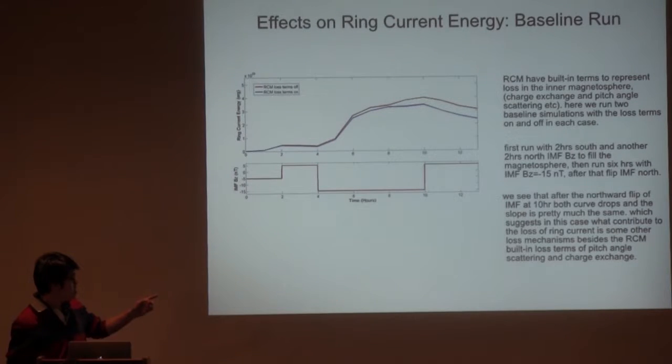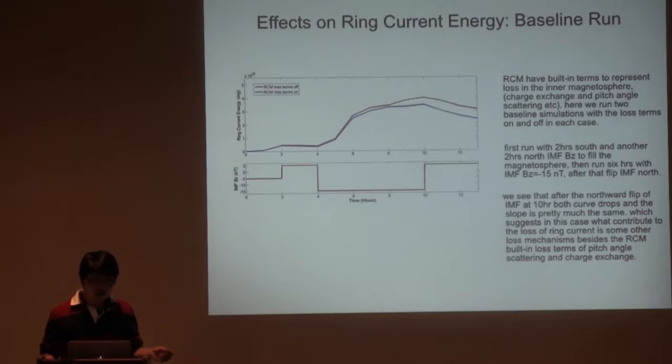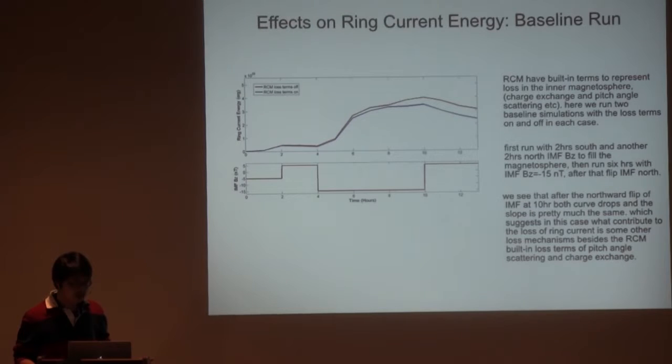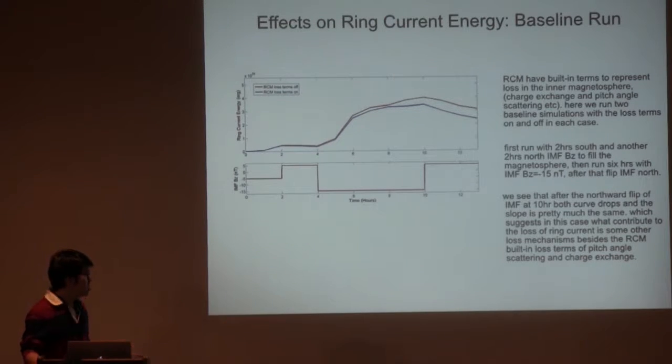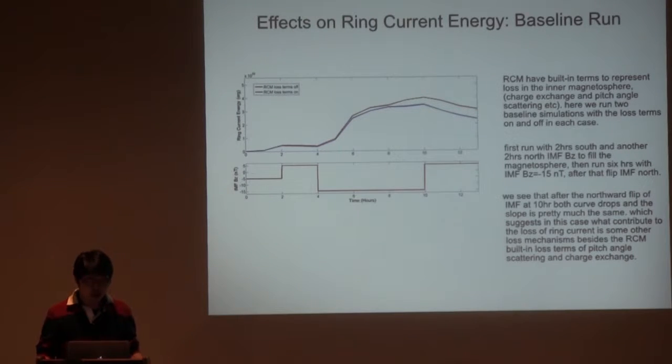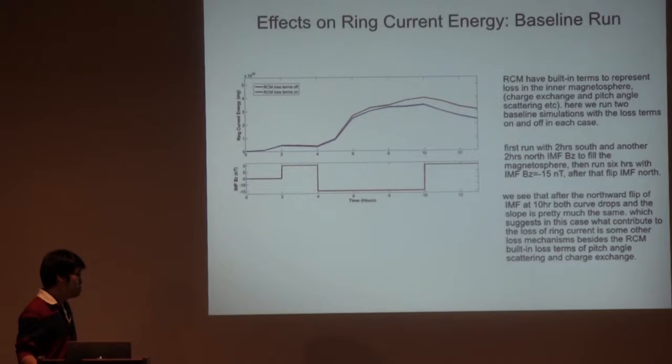We can see the interesting thing is that after 10 hours, when I turn it back, both curves drop. This is very interesting, and the slope is almost the same, which means what? It means that in this case, what really dominated the loss is neither the charge exchange nor the pitch angle scattering. There is some other mechanism we do not consider here.